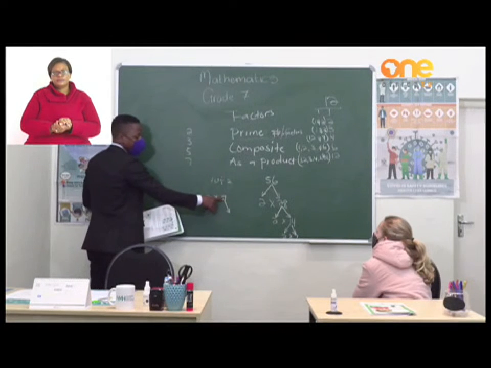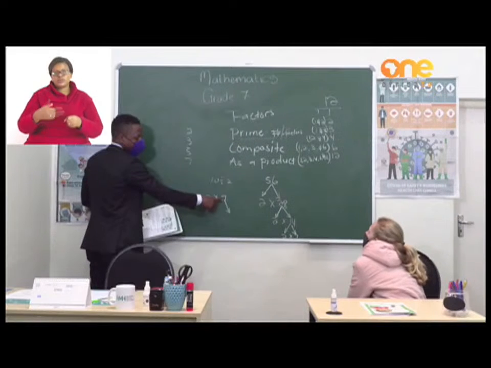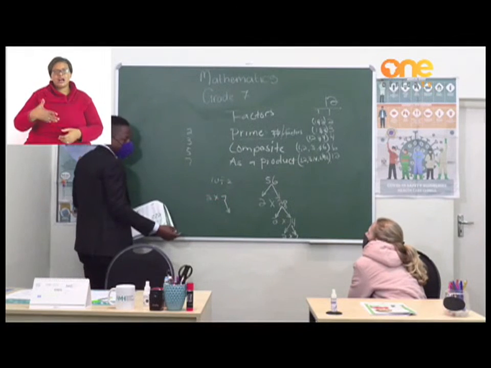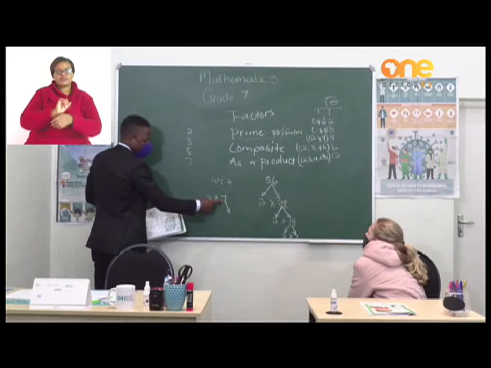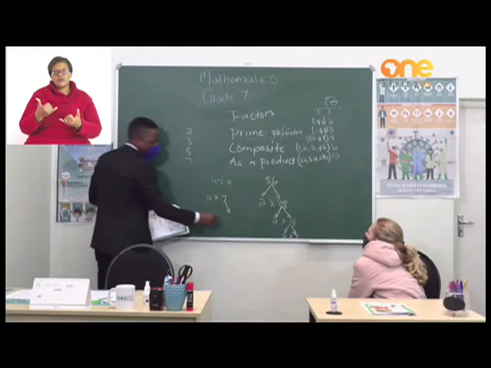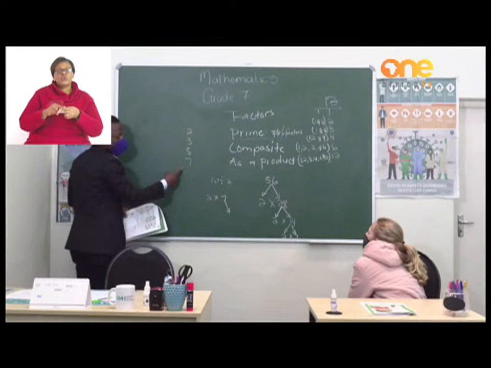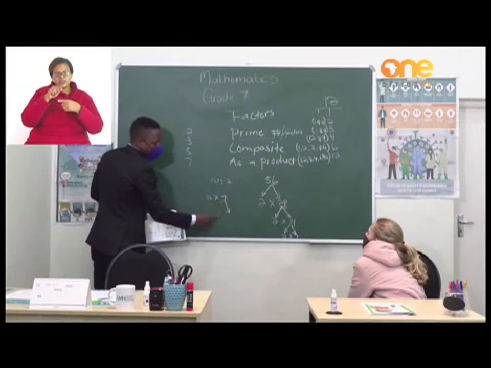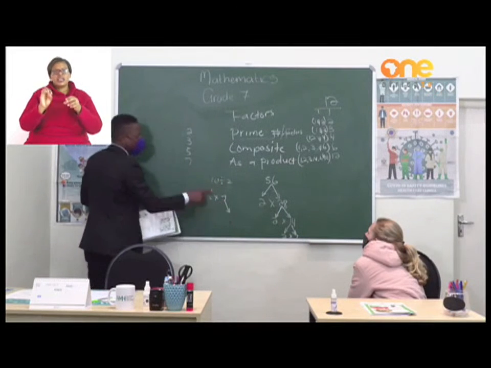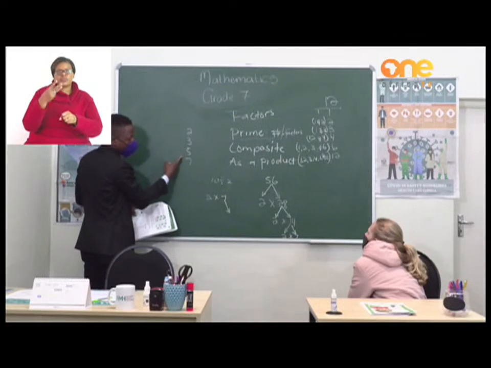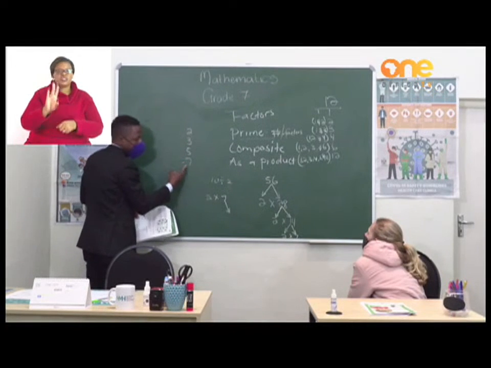I cannot halve 7, because if I halve 7, I'll have a remainder. So in this case, I have to use a prime factor on this list that would divide into 7 to give me a whole number. 2 cannot, 3 cannot, 5 cannot, 7 can.